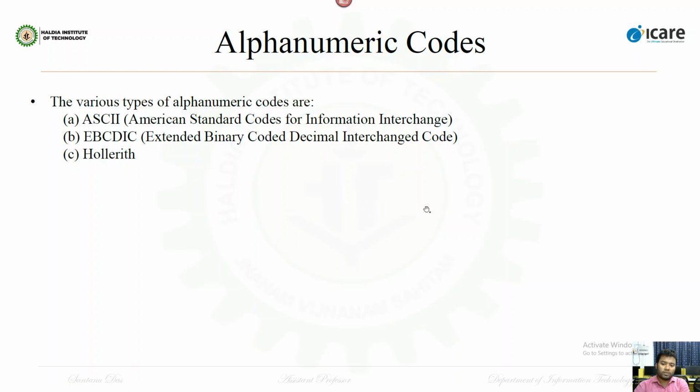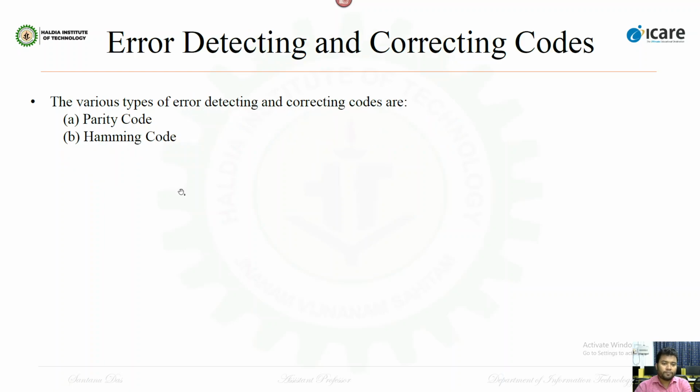I'm not showing the codes here because they are very long. For each type of code, there are specific numeric values already assigned, and these are fixed. You can get the code from the internet if you want to see it.